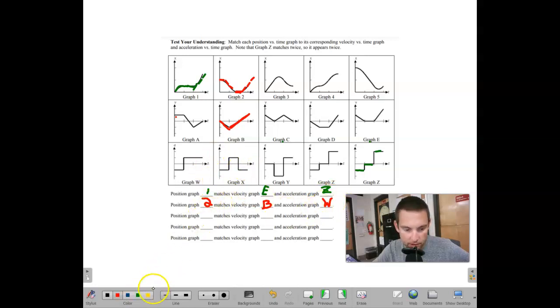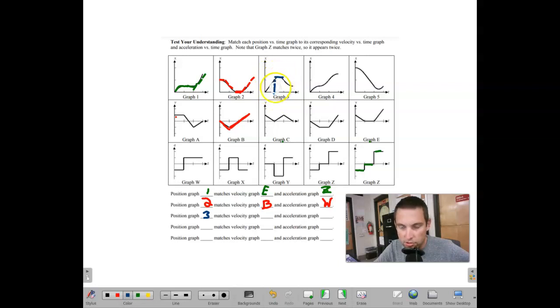On to graph 3. What's happening here? We have a constant velocity until it approaches 0. So right at about the 1 second mark, that's when the slowing down begins until we get to 0.